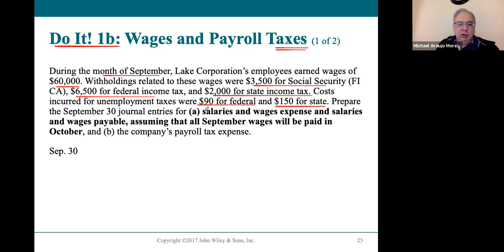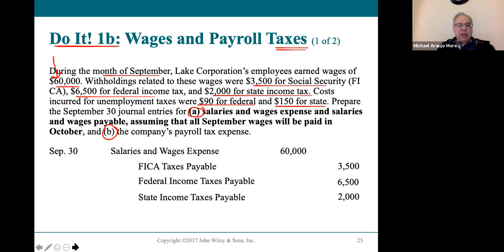So the first thing we're going to do is prepare the entries at the end of the month for those salaries and wages. The next thing we're going to do is the company's payroll tax expense. Right. So the first thing is they just got $60,000 of total salaries and wages expense for that period of time, for September. We already know from the numbers given here, $3,500 is going to be FICA tax payable, $6,500 is federal income tax payable, $2,000 is state income tax payable.